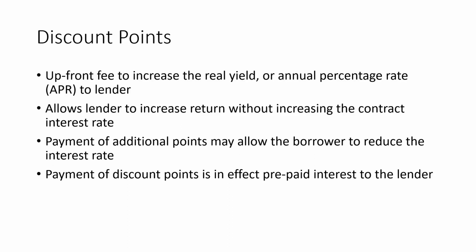So it's an upfront fee to increase the real yield or annual percentage rate. It allows the lender to increase return without actually increasing the contract interest rate. Payment of additional points may allow the borrower to reduce the interest rate. And the payment of discount points is in effect prepaid interest to the lender.